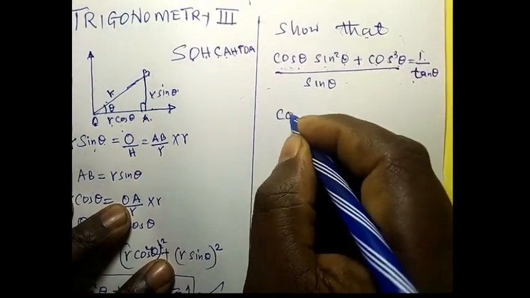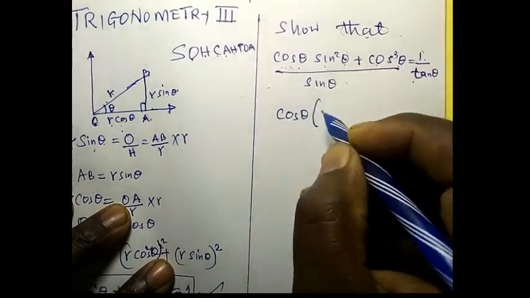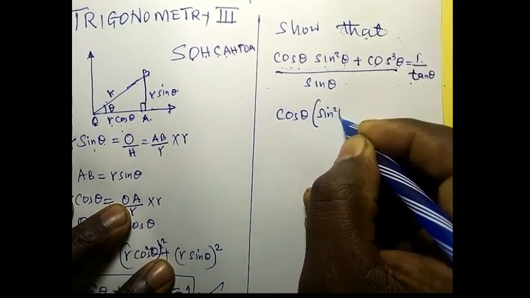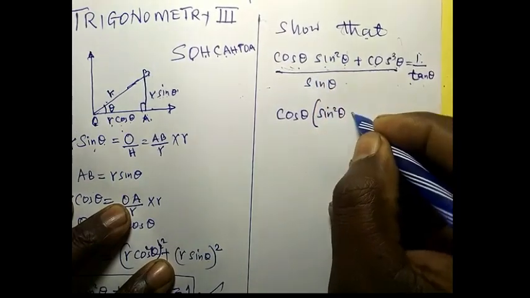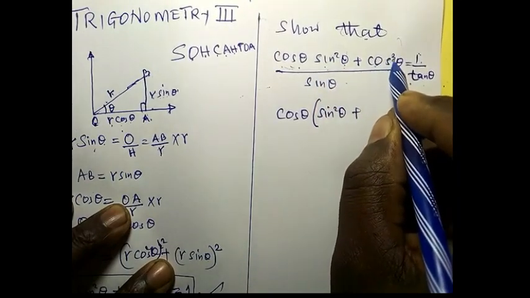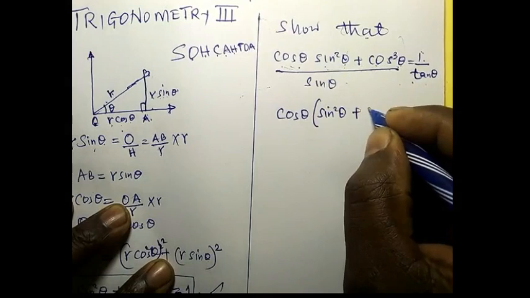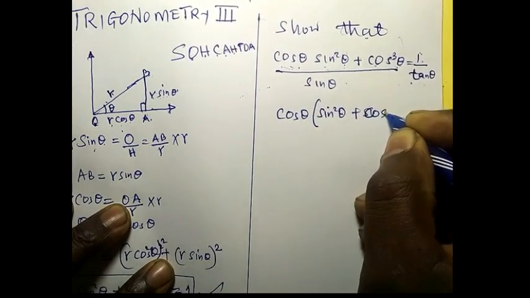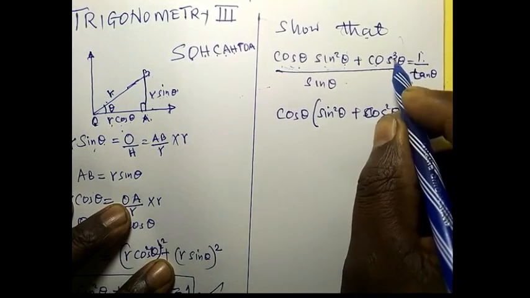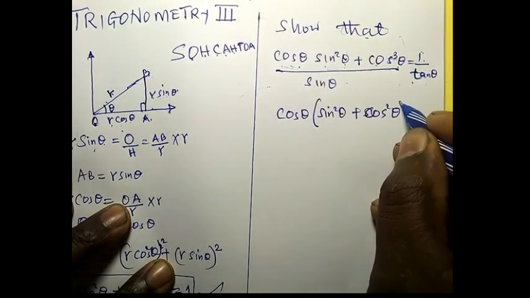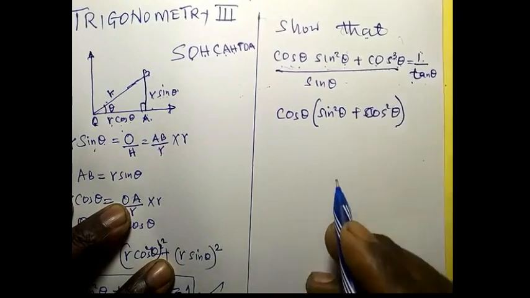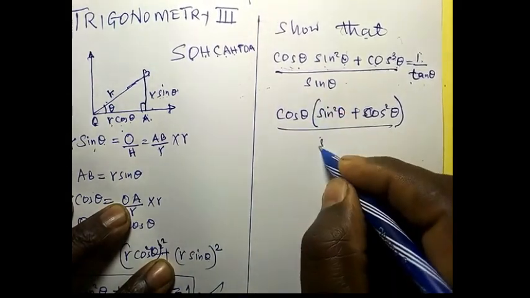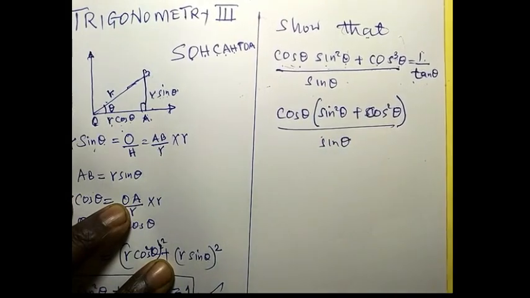We say that cos theta will be outside, and inside we will put sine squared theta plus, from this cube, we remove one cos, we will have cos squared theta, because we will factor out this one, divided by sine theta, right?